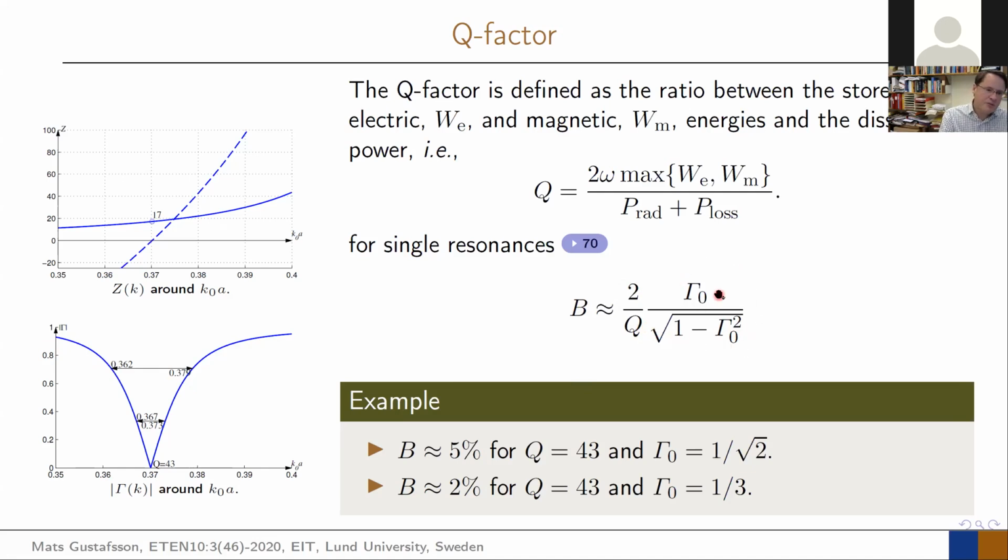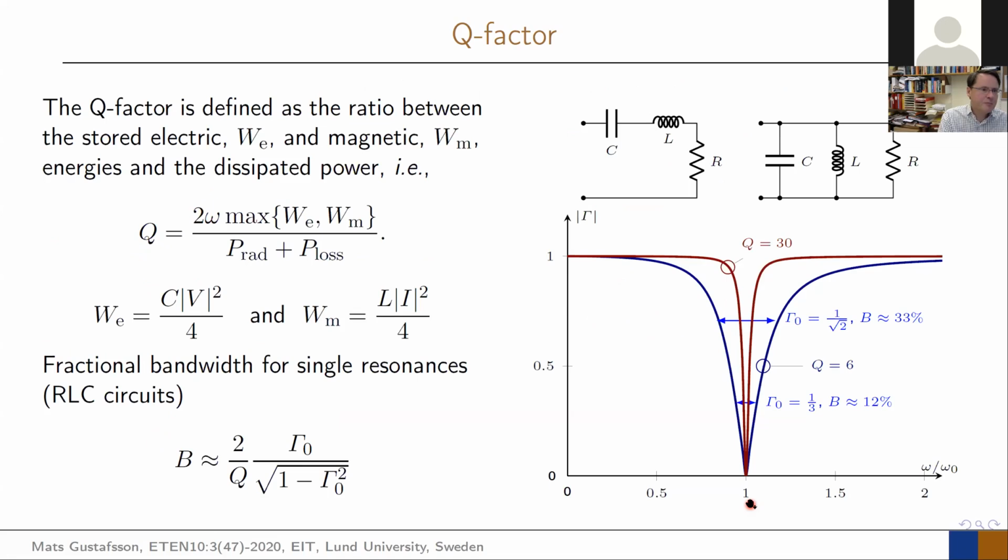So if you put in a specific reflection coefficient here, you get the fractional bandwidth out. And if we look at this antenna, you could compute it has a Q of 43. And that means you get the previous result just by plugging in the values of your reflection coefficient, so half power bandwidth or 1 over 3. So that is what the Q factor is for this.